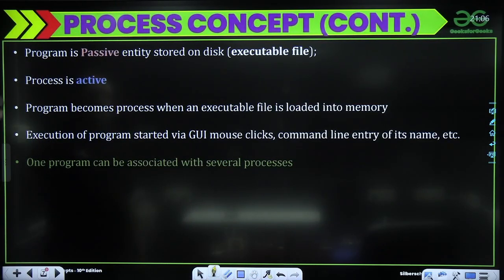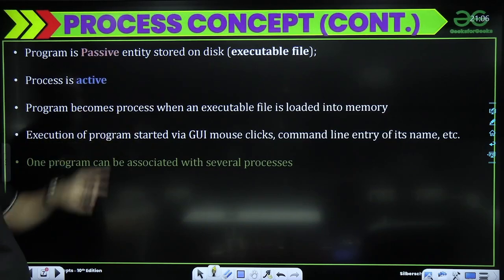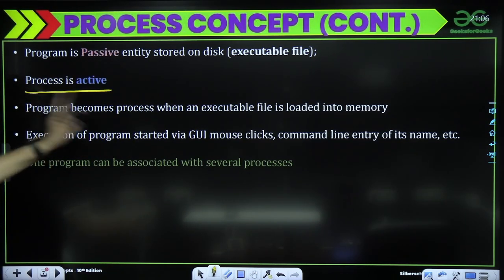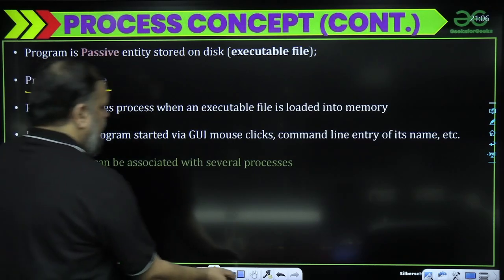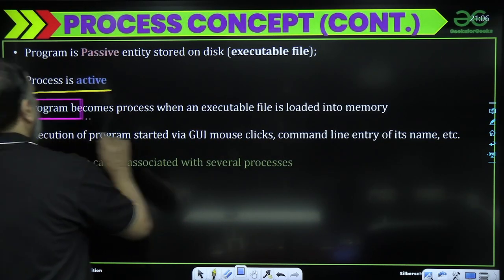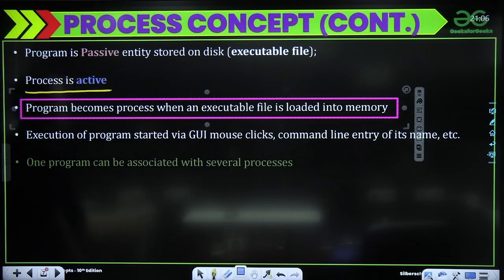Okay. So program is passive. This is a point I told. Program is passive, stored on disk in the form of an executable file. Process is an active entity. Program becomes process when an executable file is loaded in memory. So boys and girls, this is a very important point showing the relationship between program and process. I'm very sure after this discussion you should have extreme clarity so that you are not going to get confused between program and process.